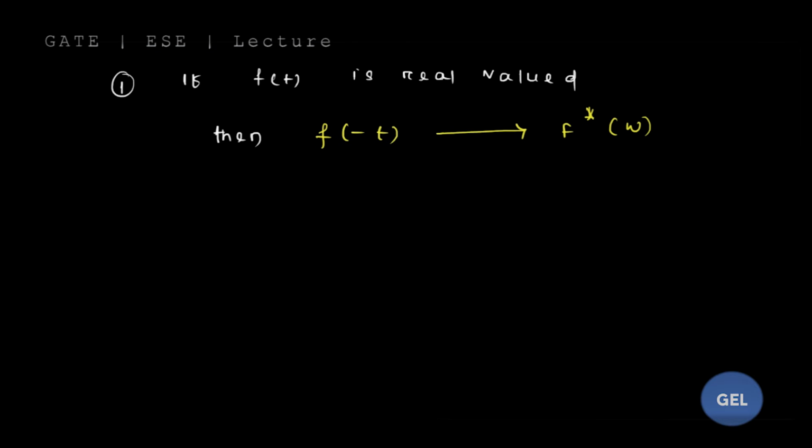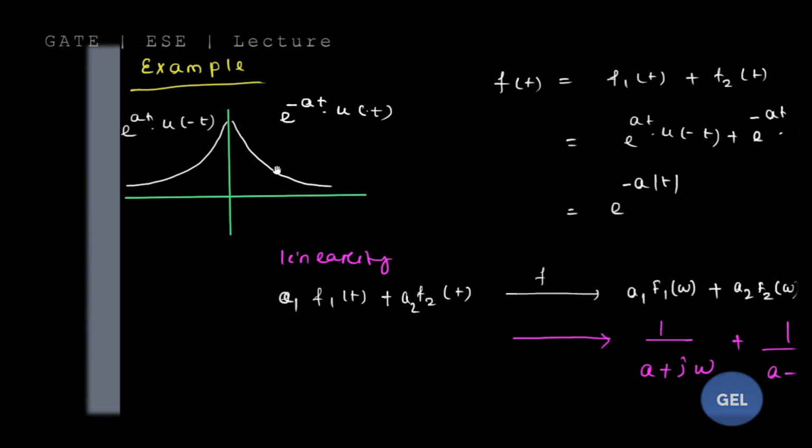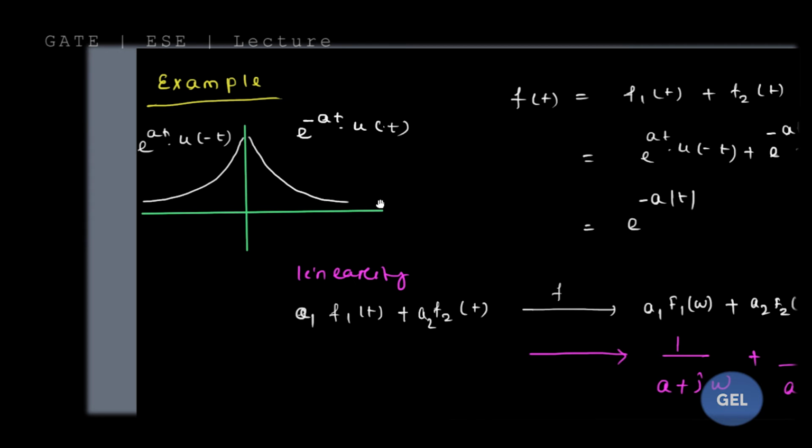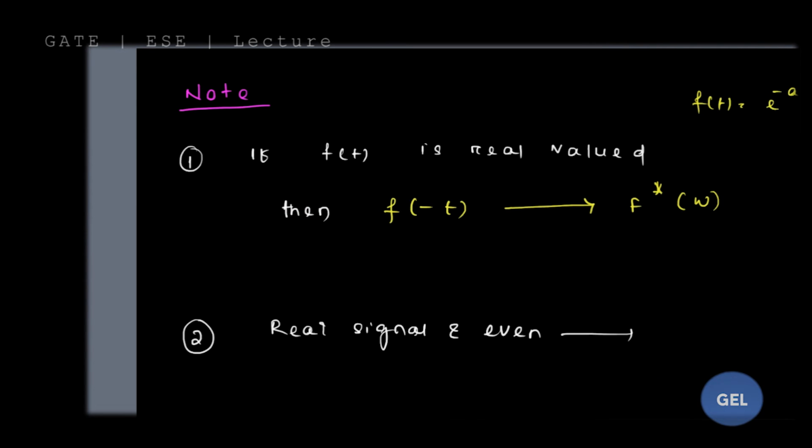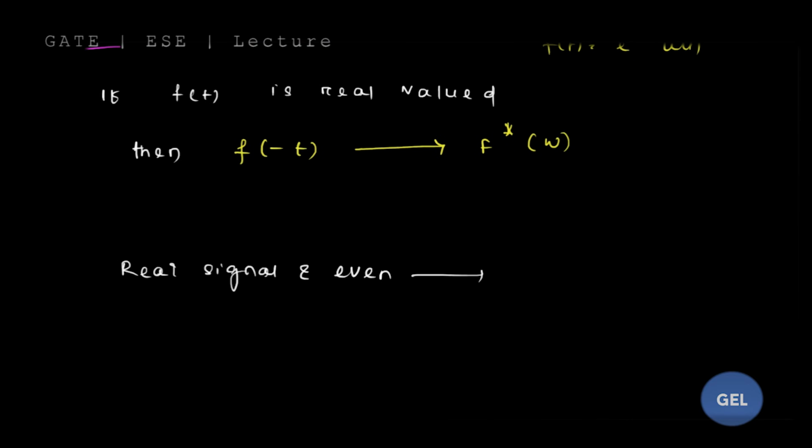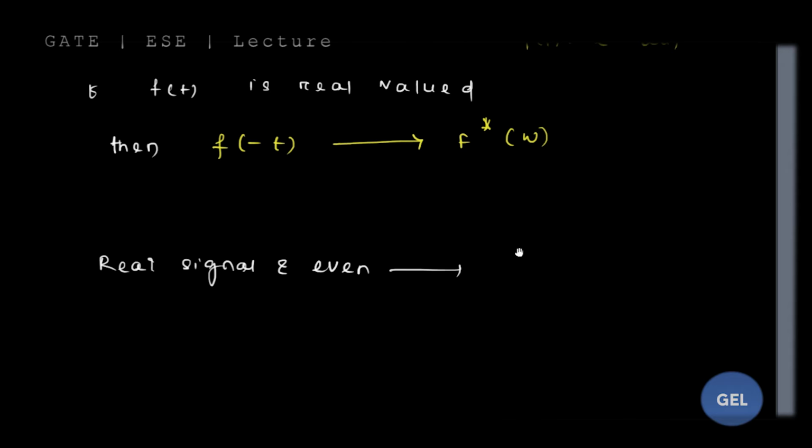Second note point is, if your signal is a real signal and even, yes or no, it is real and it is even, then look here carefully, the Fourier transform is real.